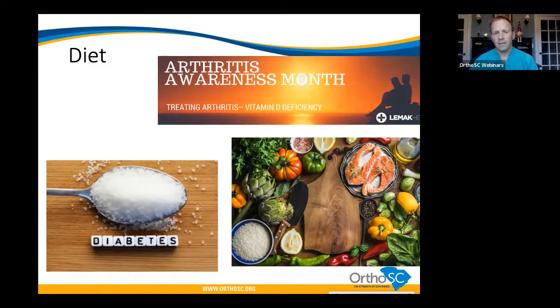Diabetes commonly leads to inflammation, and the amount of sugar in our bloodstream, all the processed foods and the white sugar that we're eating in high amounts causes problems. So more of a Mediterranean type diet, fruits and vegetables can have an anti-inflammatory effect and can help with the pain and the inflammation part of arthritis.